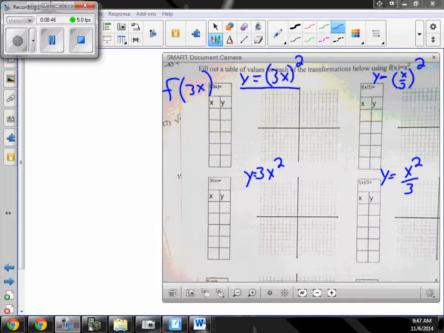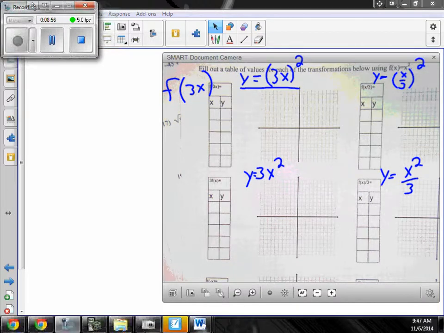So that's the difference between changing the x's before I square it and changing the y's after the square has been performed. Okay? Go ahead and fill out all of those tables and graph all of those functions. And then we're going to come up with a new set of rules. These are not translations. Okay, these are some other sort of transformation.